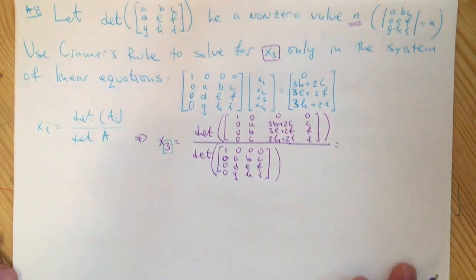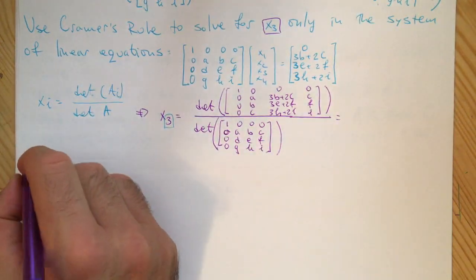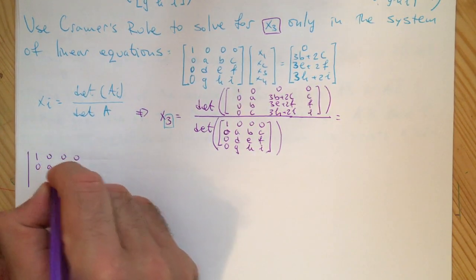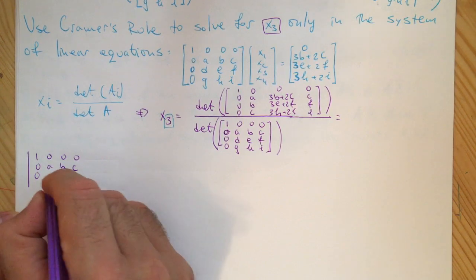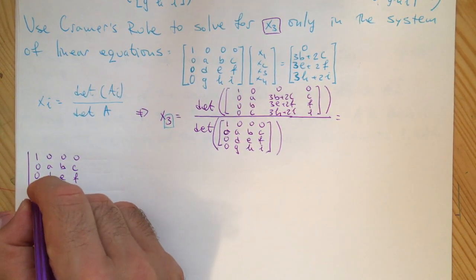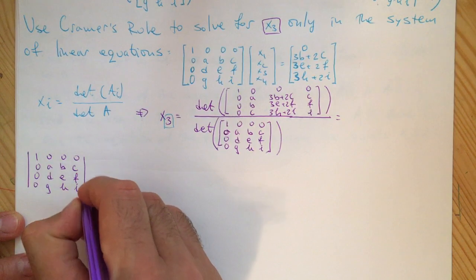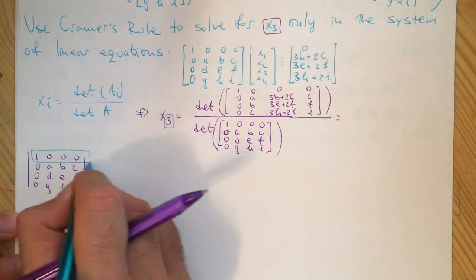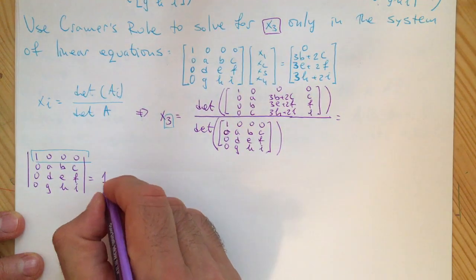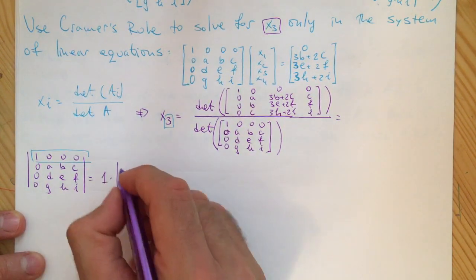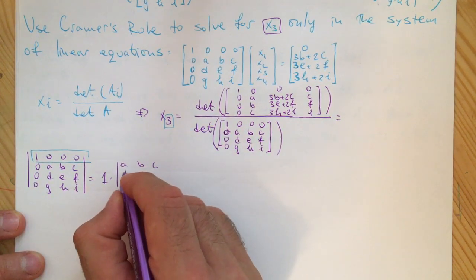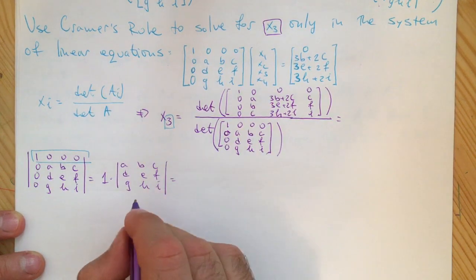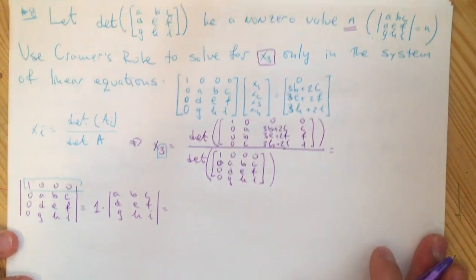So on the side here, first I will find the determinant in the denominator. So the determinant of this matrix 1, 0, 0, 0, 0, A, B, C, 0, D, E, F, 0, G, H, I is equal to, well, I'm going to use a cofactor expansion about the first row. So I have 1 times the determinant of A, B, C, D, E, F, G, H, I. But this determinant here is given.